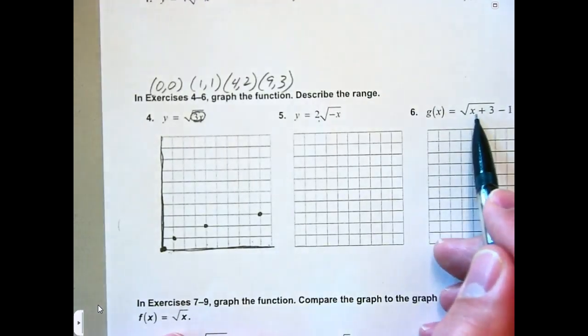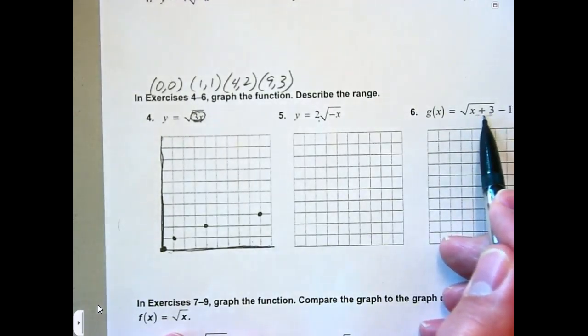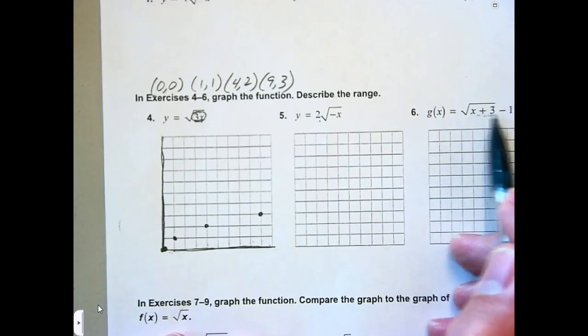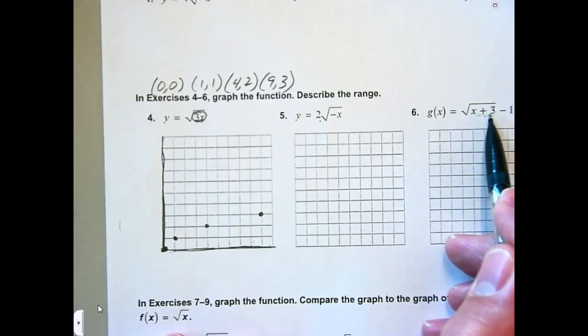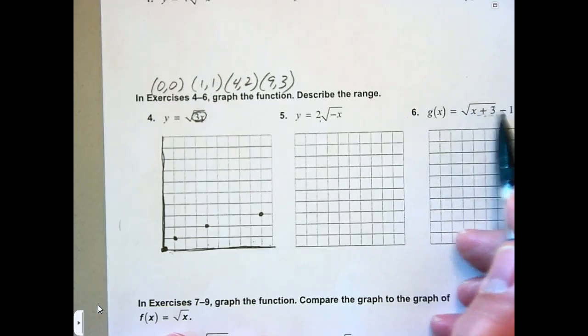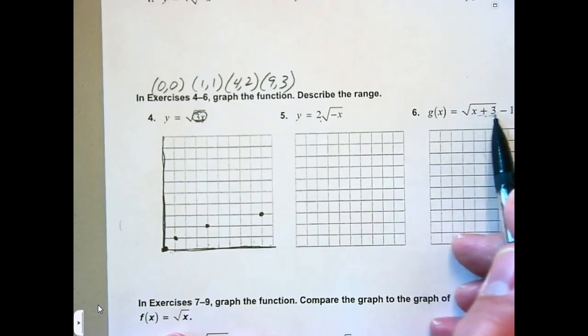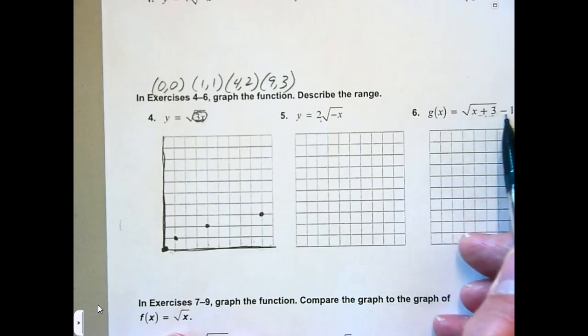Is that 3 with x? Is it inside with it? Yep. It's with x. If everything's backwards, we're not adding 3, it's a shift going the opposite way. I mean, we are adding 3, but when we graph it, it's going to look different than a plus 3. Is this 1 with the x? No, it's outside.